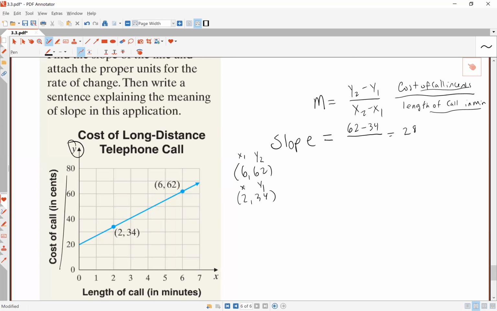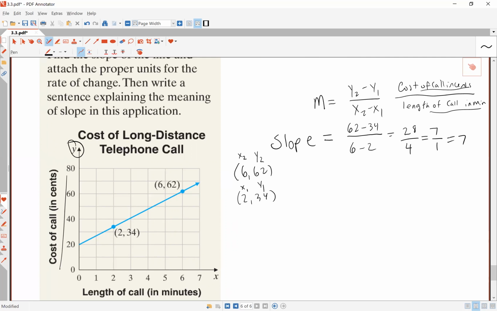X1 is 2 and X2 is 6. Let's keep this consistent. Y2 was on top, so this is X2 and X1. And 6 minus 2 is 4. 28 over 4 is 7, or 7 over 1.